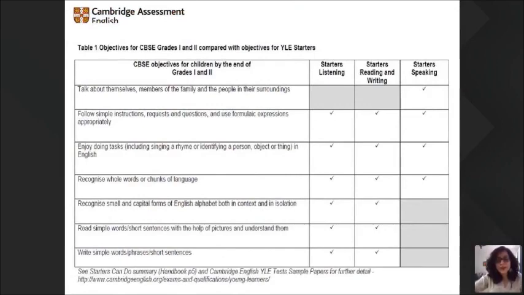Now, moving on, I'm going to show you how the curriculum is mapped. Again, this is a sample which I'm sharing with you. So you can map a template like this, right? What you see in front of you is a template that maps the language subskills assessed in the Cambridge YLE Starters exam to the language learning outcomes expected in the subject of English from students of grades 1 and 2 studying the CBSE curriculum.